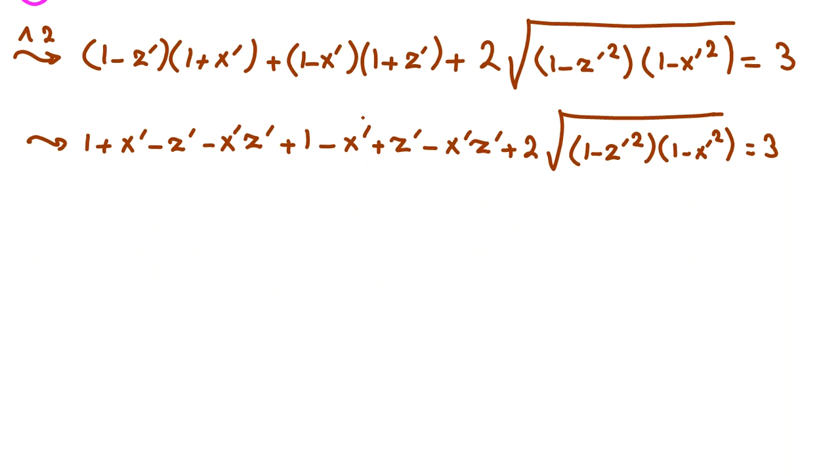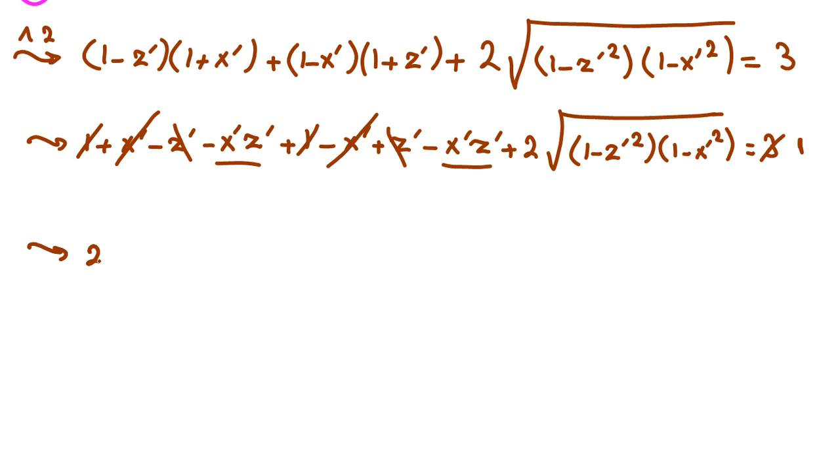Let's see, in the next step we can cancel which terms? Negative x prime, negative z prime, z prime. 1 plus 1 minus 3 is minus 1, so 2 minus 3. Now, we take negative x prime z prime, negative x prime z prime to the right side. I want to get rid of this square root, so I take all things except this to the right side.